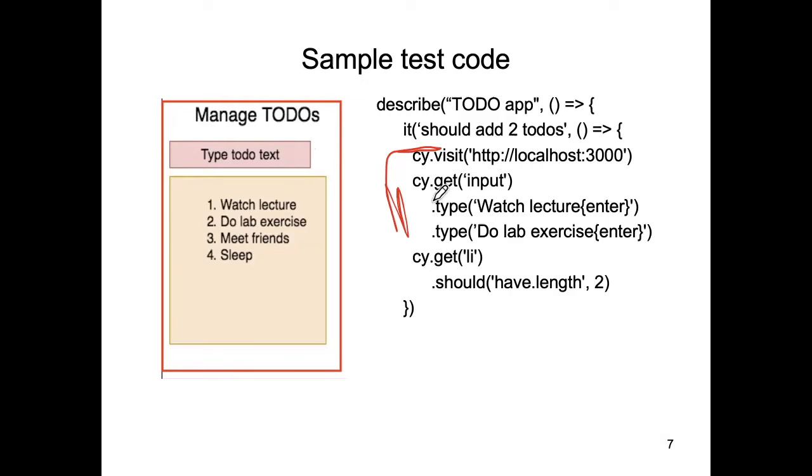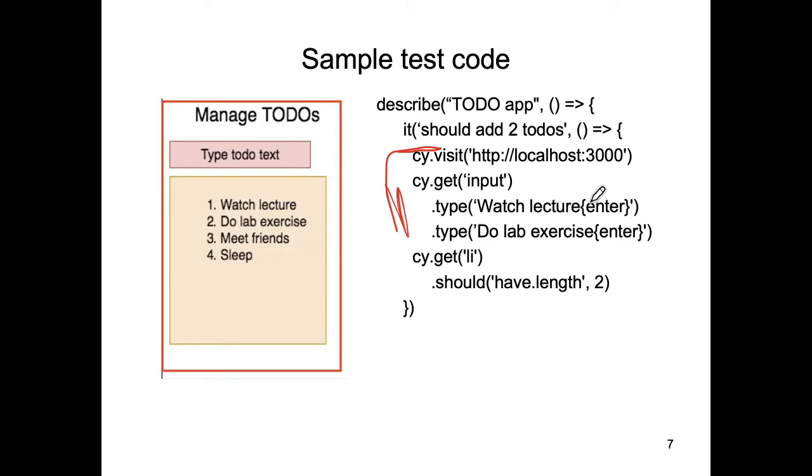So this expression cy.get('input') is actually going to position the cursor on this text box. And I'm chaining on a .type command. And surprise, surprise, what that is going to do is type something into the text box. So it actually types this into the text box. The curly braces enter is a way of getting Cypress to simulate hitting the return key.